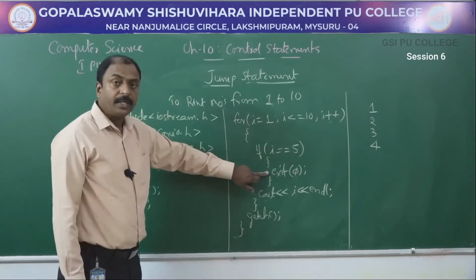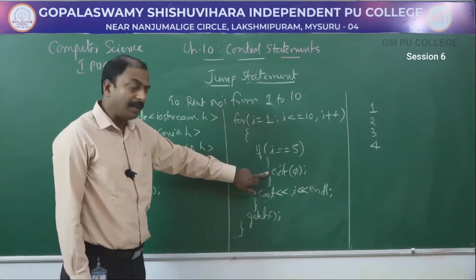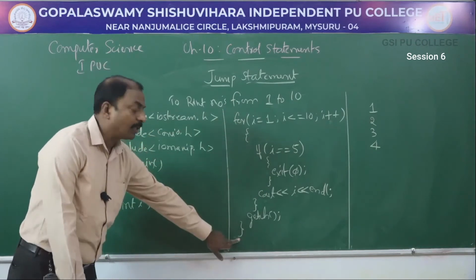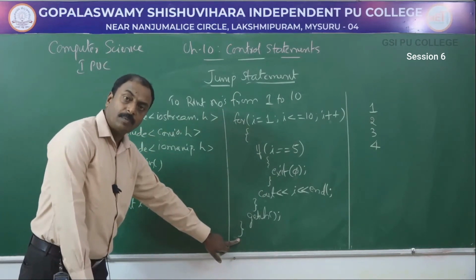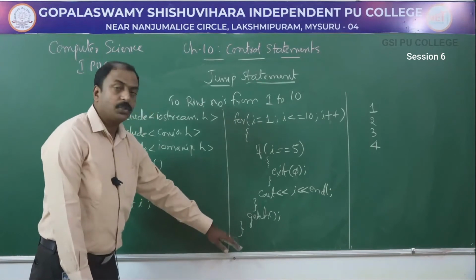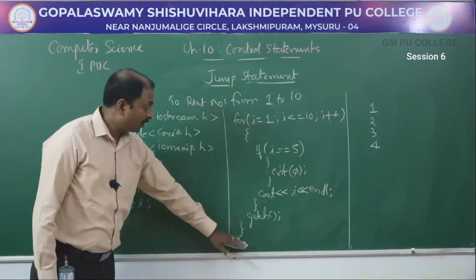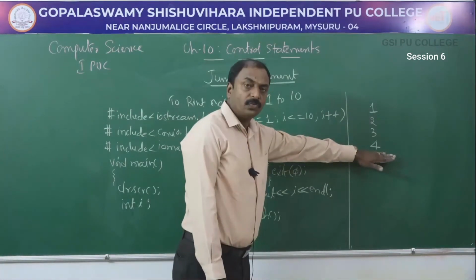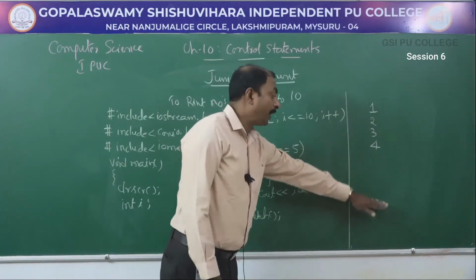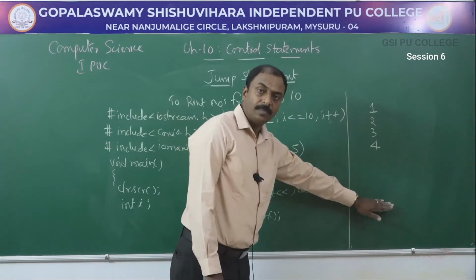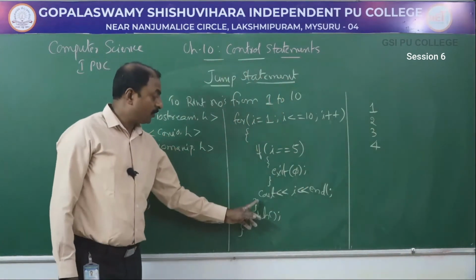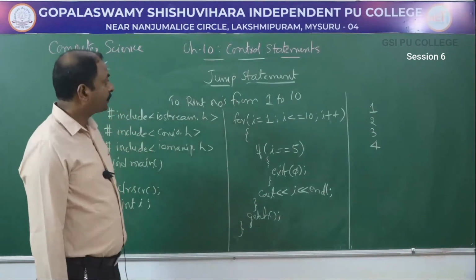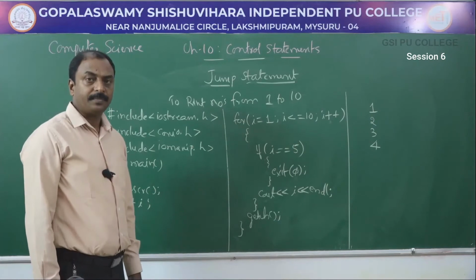The exit statement forces the termination of the program itself, so it is going to come out of the entire program and return to the operating system. Because of that, it will stop printing numbers after 4. It is not going to execute the rest of the statements in the loop. So this is the exit statement.